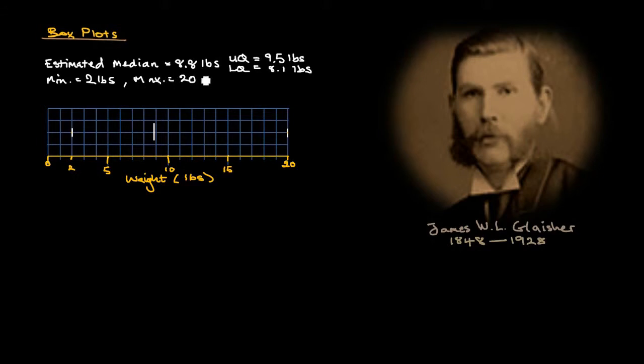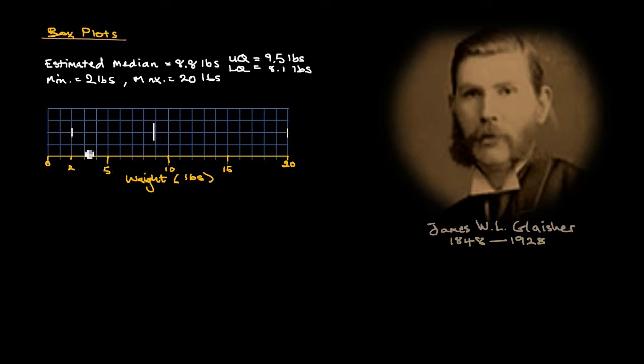Now, of course, the cat that was in the 18 to 20 category probably didn't go up to the maximum, so we can't say that there was a cat that weighed 20, but it's possible that there was a cat that weighed 20, so that's where we get our maximum from. Again, for the minimum, we know that there were no cats between 0 and 2 pounds, so it's possible that the least that a cat could have weighed is this minimum value here of 2.